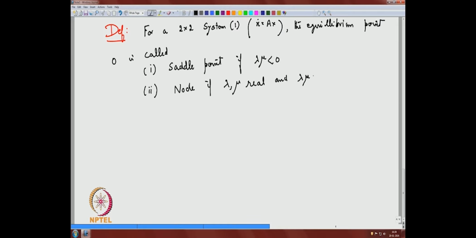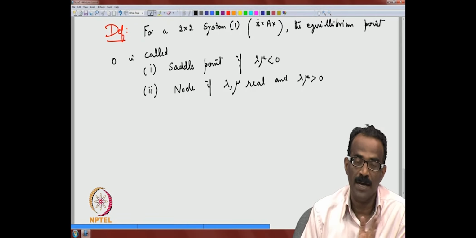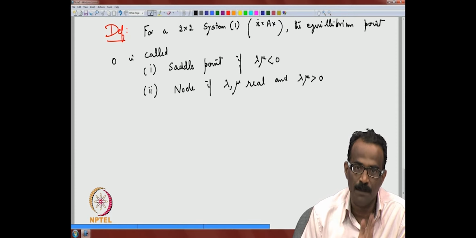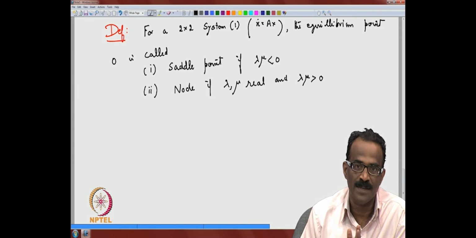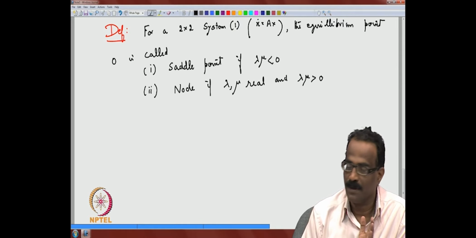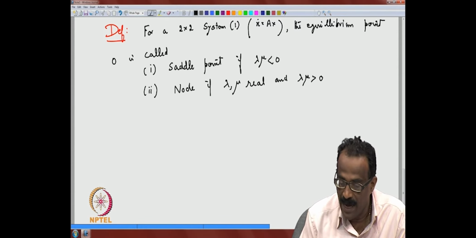Lambda mu is positive because even in the complex case, lambda will be a plus ib, mu will be a minus ib, and hence lambda mu will be a square plus b square, so it is always positive.